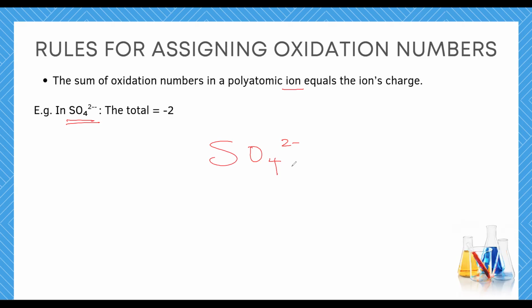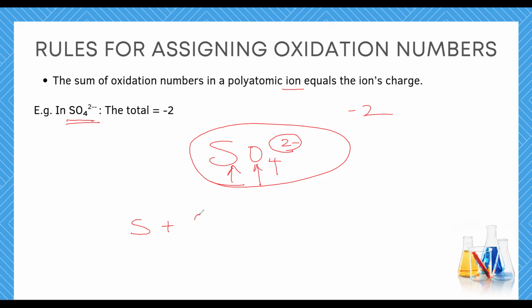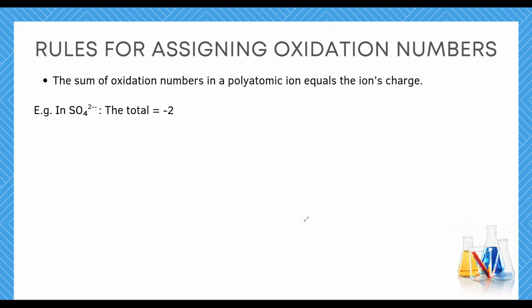So what we're saying is when you add all the oxidation numbers of sulfur and oxygen together, what you are supposed to arrive at is the overall charge. And the overall charge, I just circled it over here, is -2. So if we get the oxidation number of sulfur, plus the oxidation number of oxygen, and we have four atoms of oxygen, which is O times 4, what we are going to arrive at is minus 2. That is what the rule is saying. We're going to apply all these rules to get the answers for individual elements, okay?